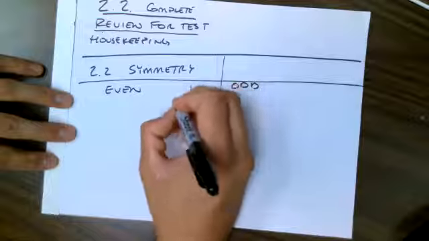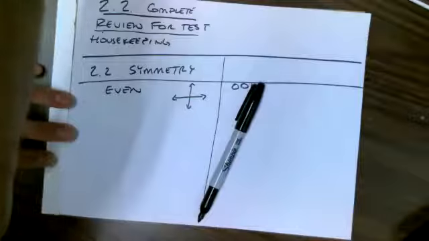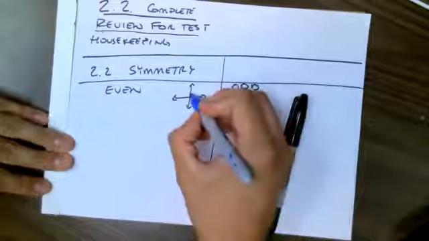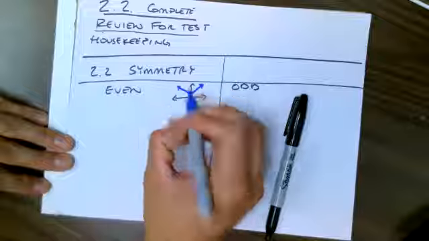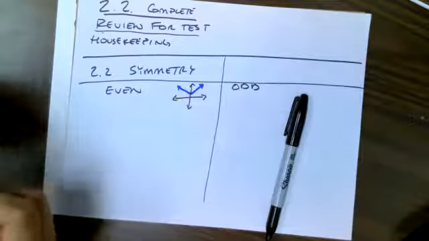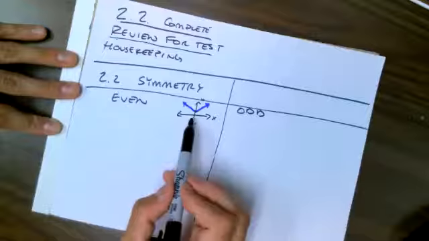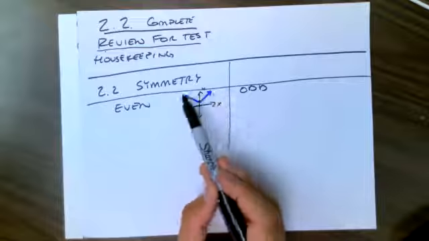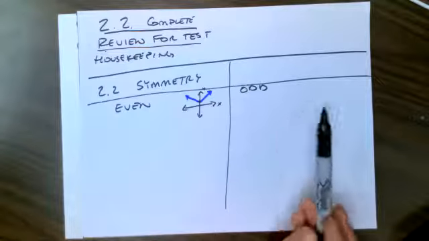A basic graph that's even symmetric would be an absolute value graph. Absolute value looks like a V, centered on the y-axis. If we fold it along the y-axis, it would be symmetric around the y-axis. This means this function would have even symmetry.